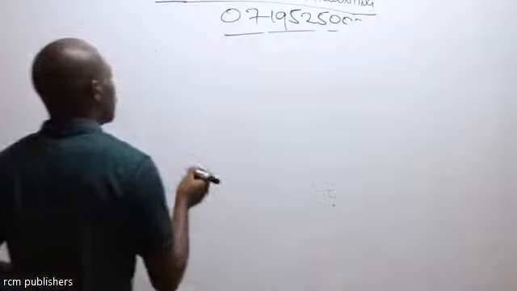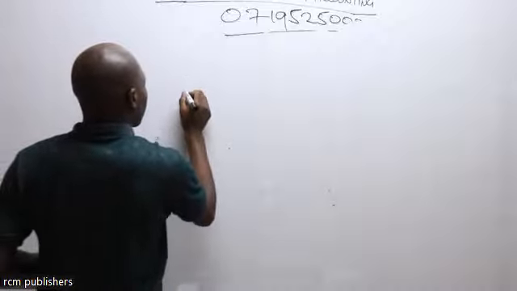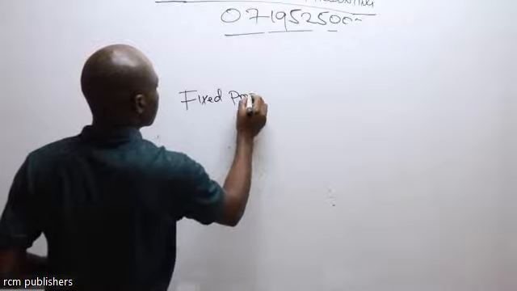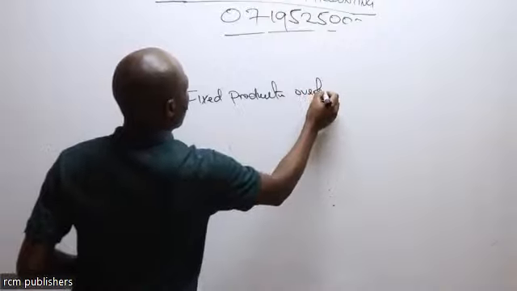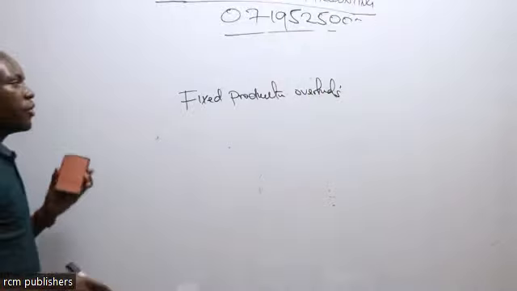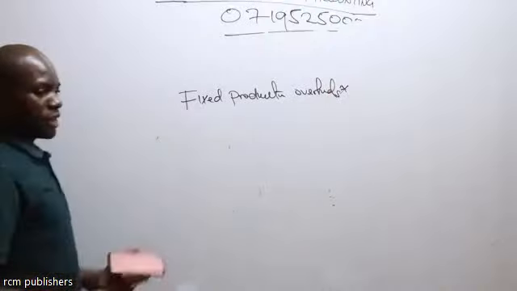The only difference between these two methods is how we are going to treat the fixed production overheads. That is all. If we know how to treat this under the two methods, you are done with that particular topic.